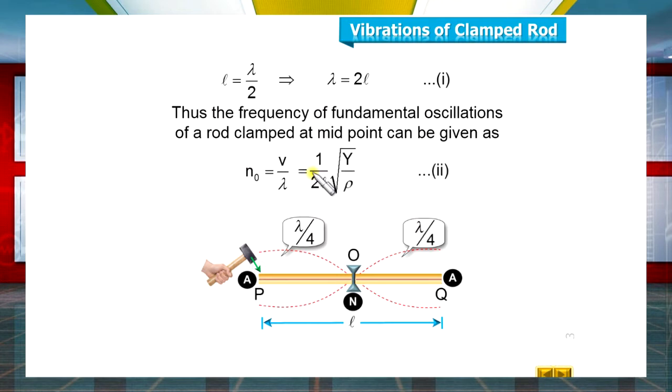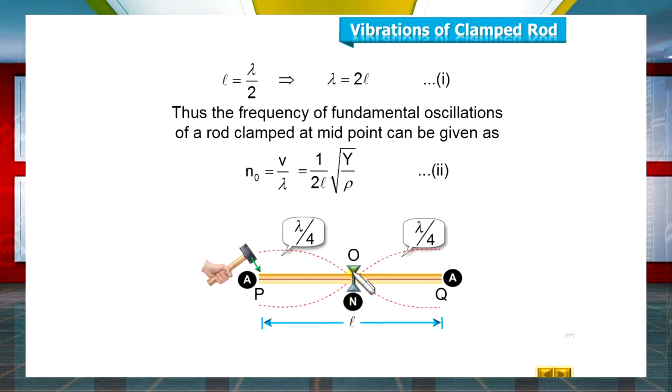Okay. Now let us think about the next higher frequency at which the rod vibrates. We know that as frequency increases, the wavelength decreases. So for the next higher frequency, this wavelength will decrease. If the wavelength decreases for the next type of oscillation, there should be a node in between the antinode and node.